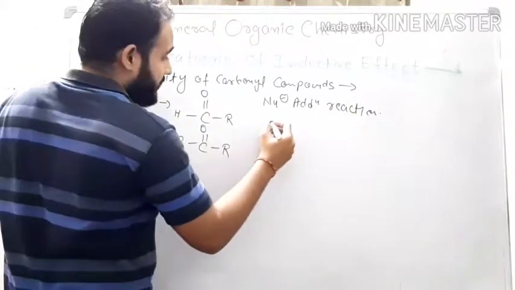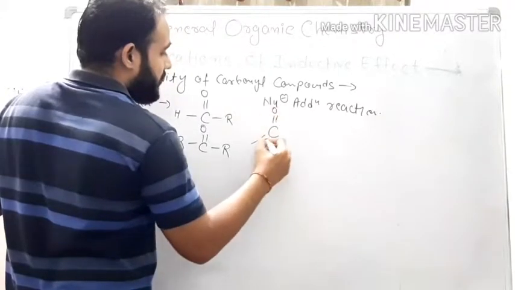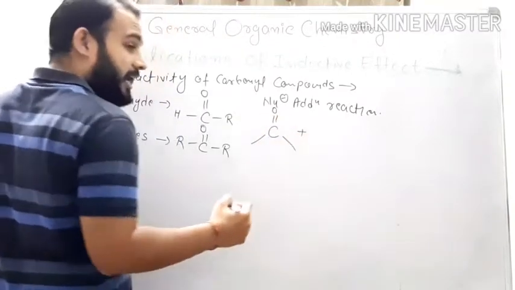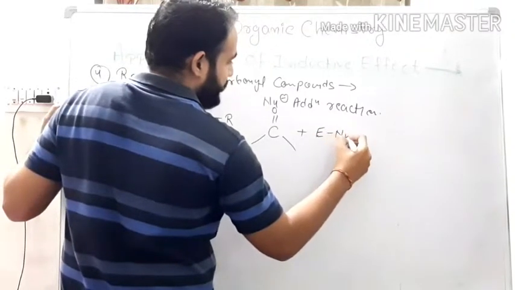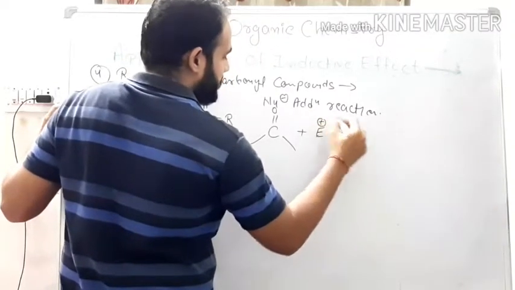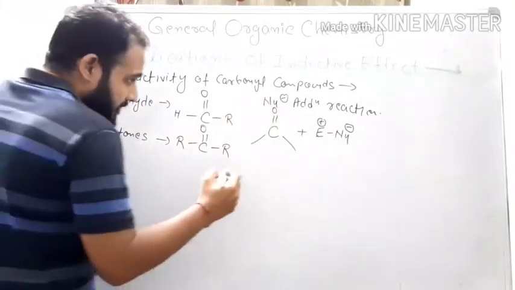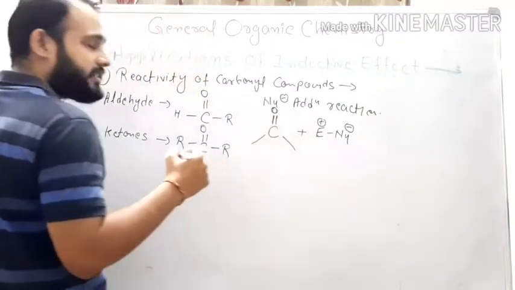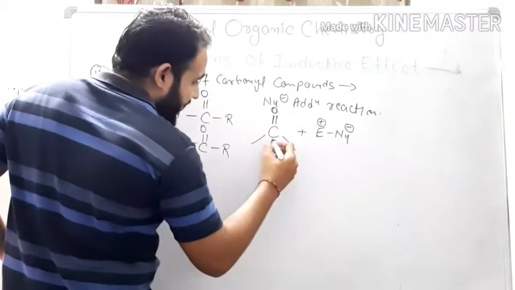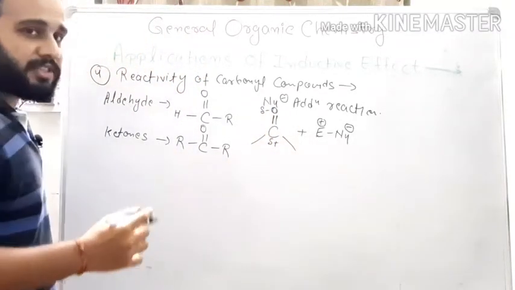How? See. When we react a carbonyl group with any compound which possesses an electrophile and a nucleophile, in the carbonyl group, because of the electron withdrawing nature of oxygen, the carbonyl carbon is partially positively charged and the carbonyl oxygen is partially negatively charged.